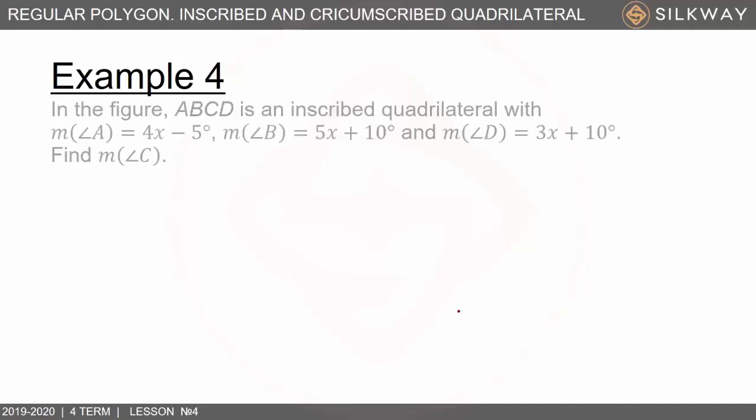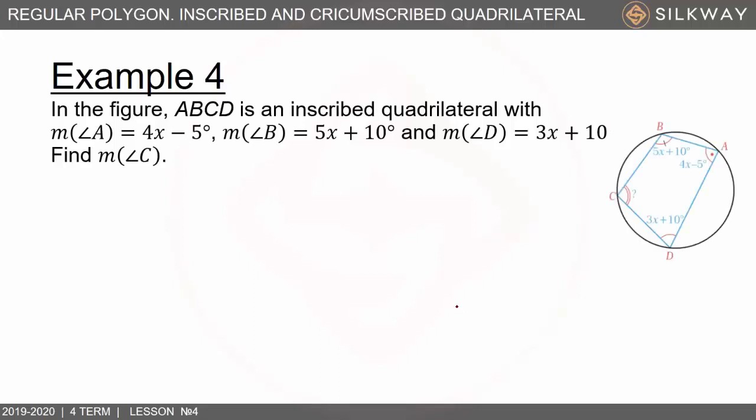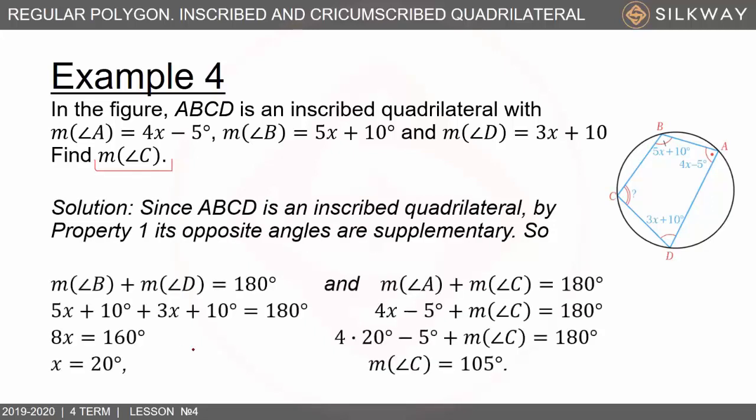Example number 4. In the figure, ABCD is an inscribed quadrilateral with the measure of angle A 4x minus 5, the measure of angle B 5x plus 10, and the measure of angle D equal to 3x plus 10. Find the measure of angle C. Okay, if we use the property, first we find x. How do we find it?